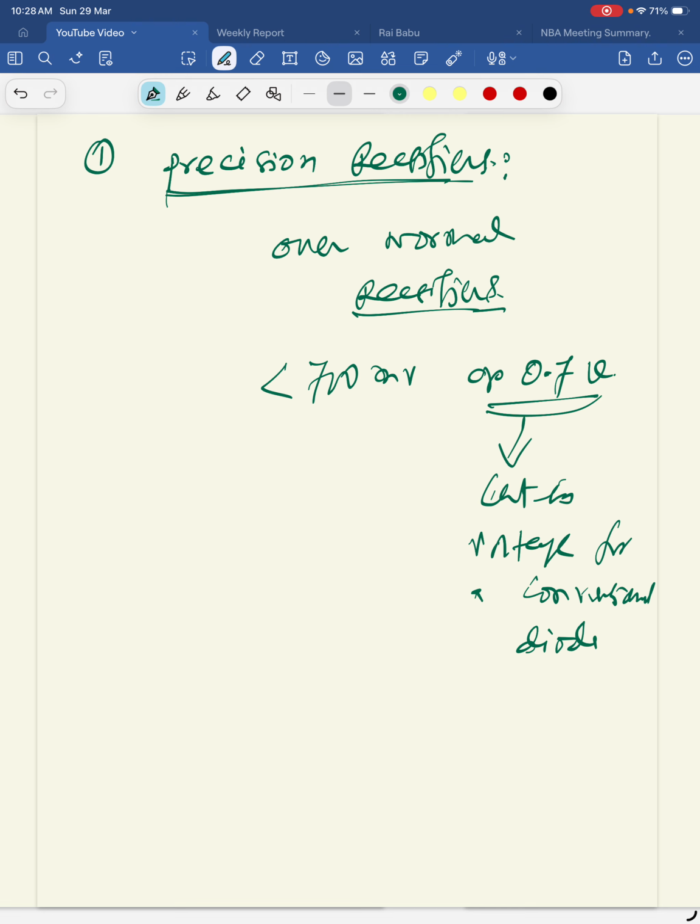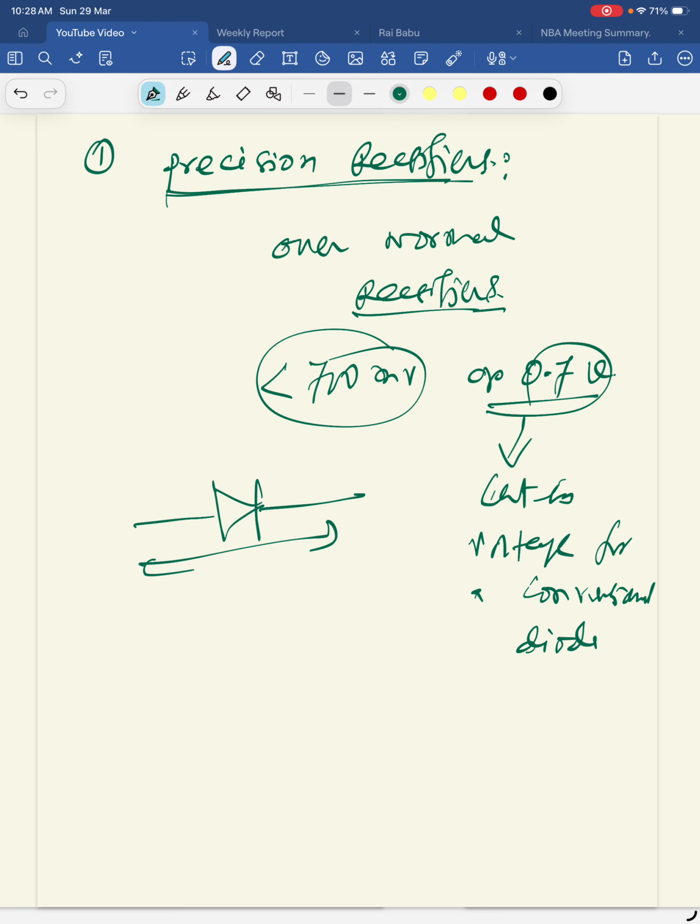Below this voltage, the diode cannot rectify directly. So for that we are going to use a precision rectifier.